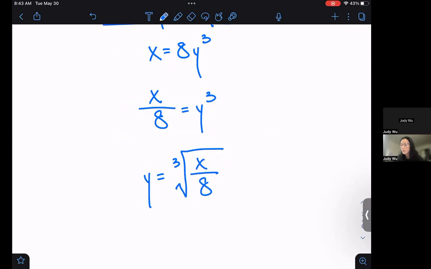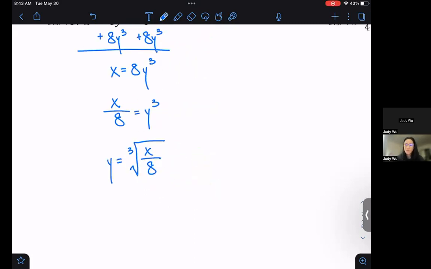Now, we want to make sure we know some nice numbers without a calculator. And one of those is the cube root of 8. Turns out the cube root of 8 is 2 because 2 times itself 3 times gives us 8. And so what I would expect for us to have in something like this is the cube root of x divided by 2.